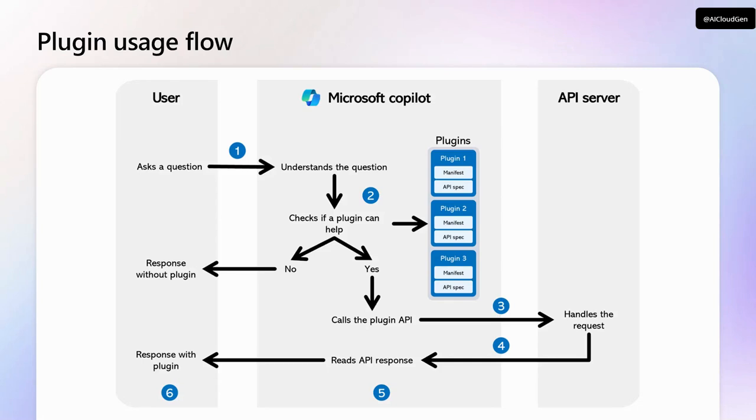And you may be wondering, people will be asking in natural language text, but my API will understand only requests in JSON format. Copilot will do the translation because you have given the API specification, right? So Copilot knows how to structure the request, and also it knows how to intercept the response so that the response the user is going to get will be back in natural language text. So that's how Microsoft Copilot will use the plugins.